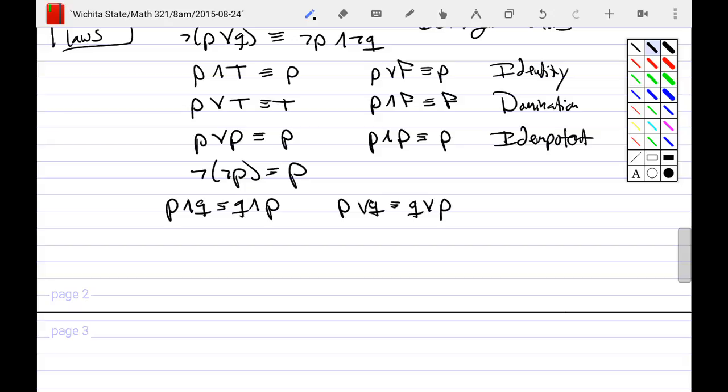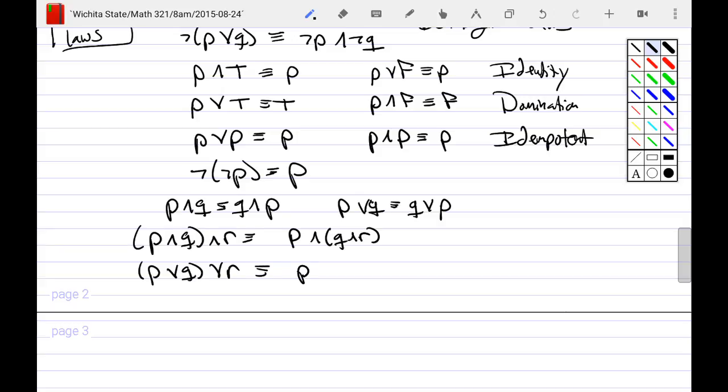We also have associative laws. P and Q, and R is the same thing as P, and Q and R. On the other hand, P or Q or R is logically the same thing as P or Q or R. If I mix operators, there is no association. When you have association and commutativity within a single operator, you can just drop the parentheses because order doesn't matter.